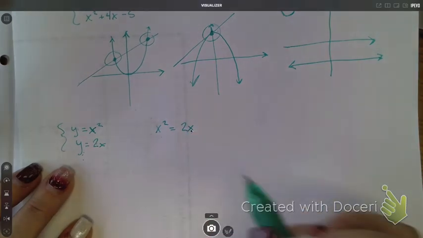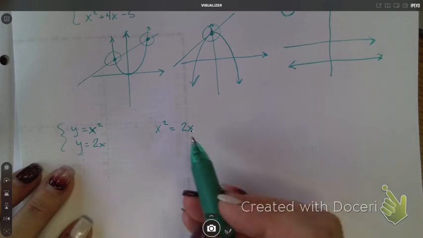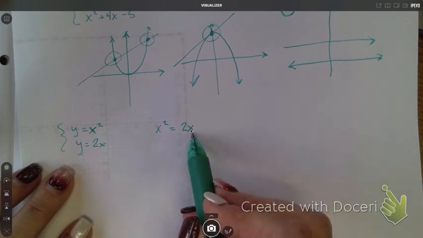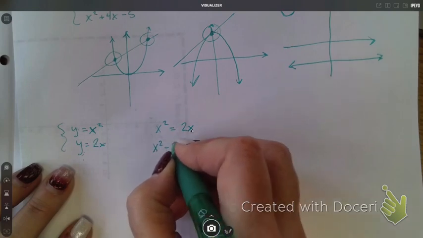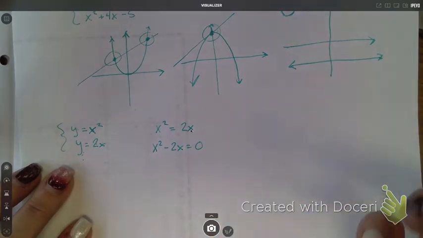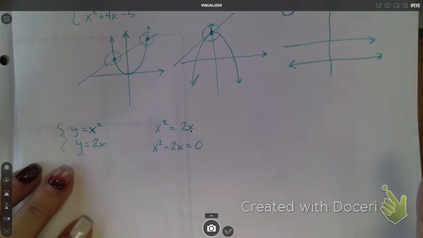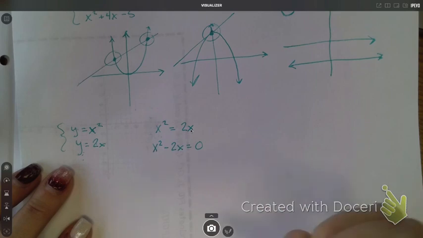Well, it's quadratic, so I have to set it equal to 0. So how do I move the 2x? Subtract it. So I have x squared minus 2x equals 0. And now it's quadratic, so I factor. It's two terms, and they have an x in common.